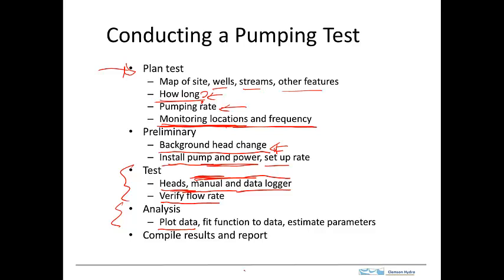And so we'll use that, and it'll predict the drawdown and the flow rate. And then we'll adjust the parameters so that the results of the function fit the data as best we can. So that's a curve fitting approach.